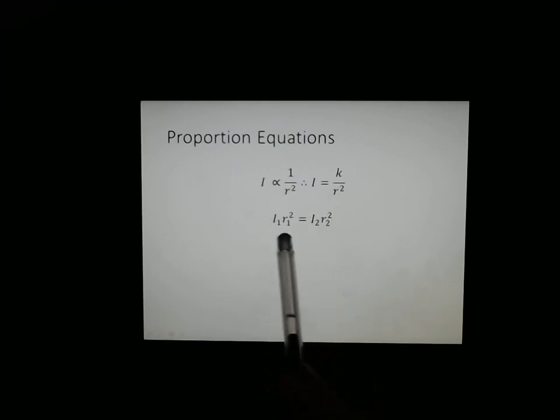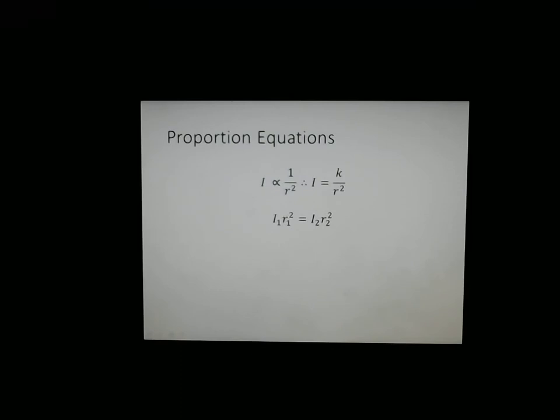This is not provided in your textbook, and I'd recommend spending a little bit of time making sure you understand why this is true, so that if you are working with proportionality or intensity type questions, you can quickly get to this. It will save you time. So this is a before and after.